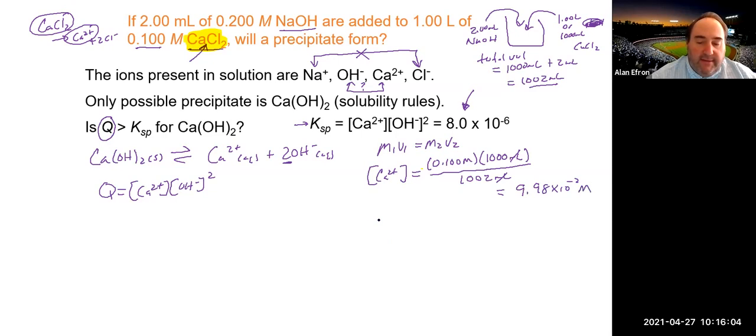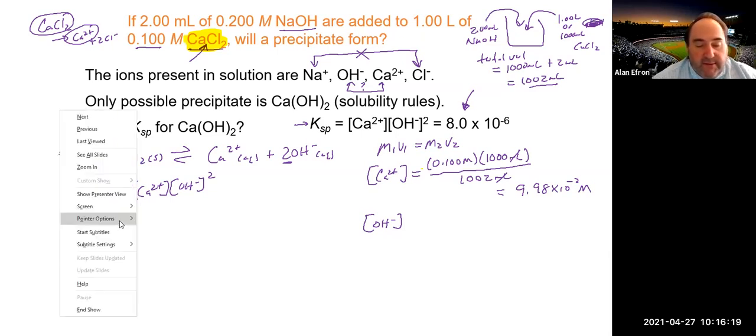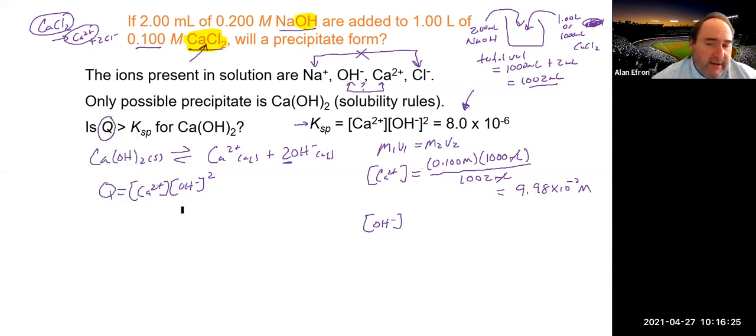We want to do the same thing for our hydroxide here. Hydroxide, again, we're taking 0.2 molar and we're adding 2 milliliters of it. Again, total volume is 1,002. And just like with our calcium chloride, this is really the only source of hydroxide that we have in this case.